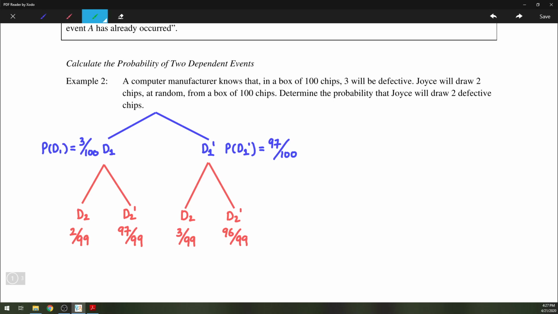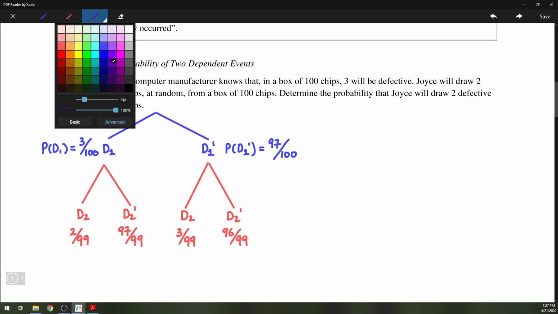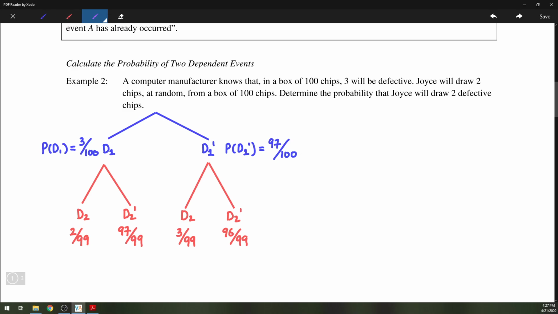So the formula that we'll use to calculate this kind of probability is as follows. We're looking at the probability of A and B. Recall that this is the AND or intersection symbol, is equal to the probability of A multiplied by the probability of B given A. So in this case, the probability that we're looking at is that the first chip is defective and the second chip is defective.